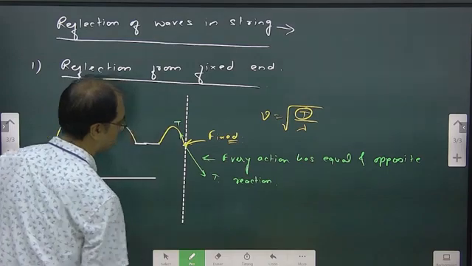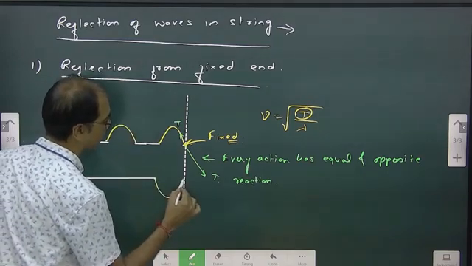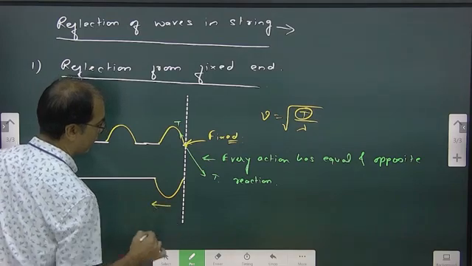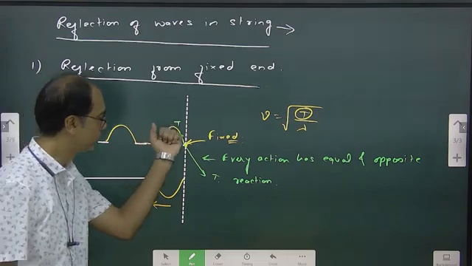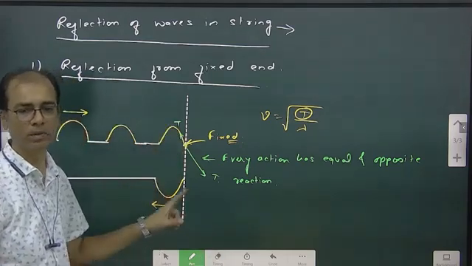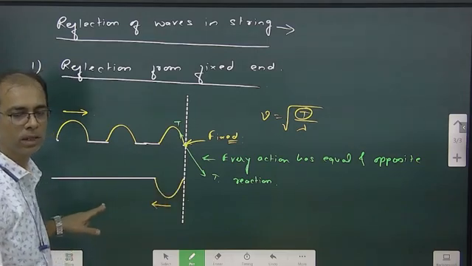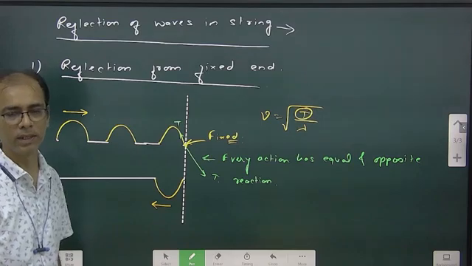So the wave came down and it starts moving like this, because force is applied downwards. Once it came down, then it starts moving like this. This is reflection.